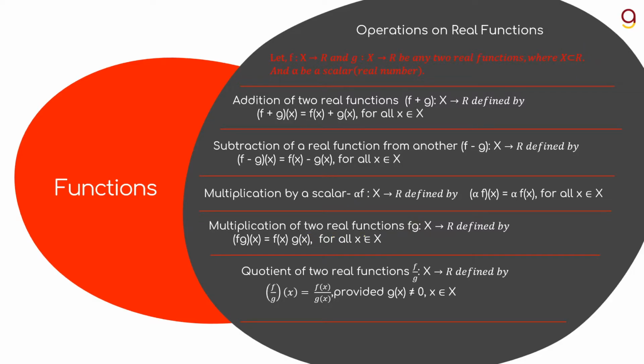So to find the product of two real functions, we just multiply the two functions.